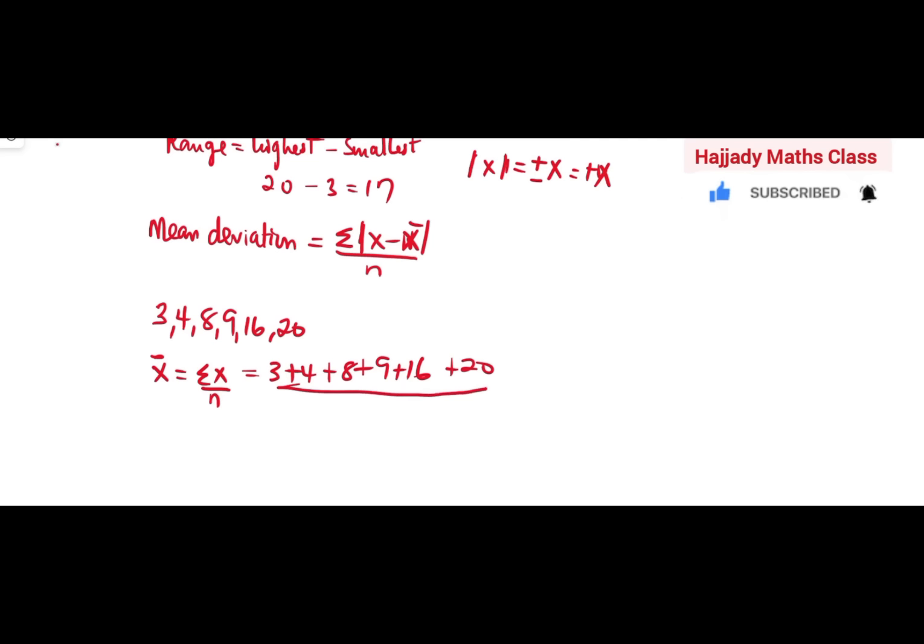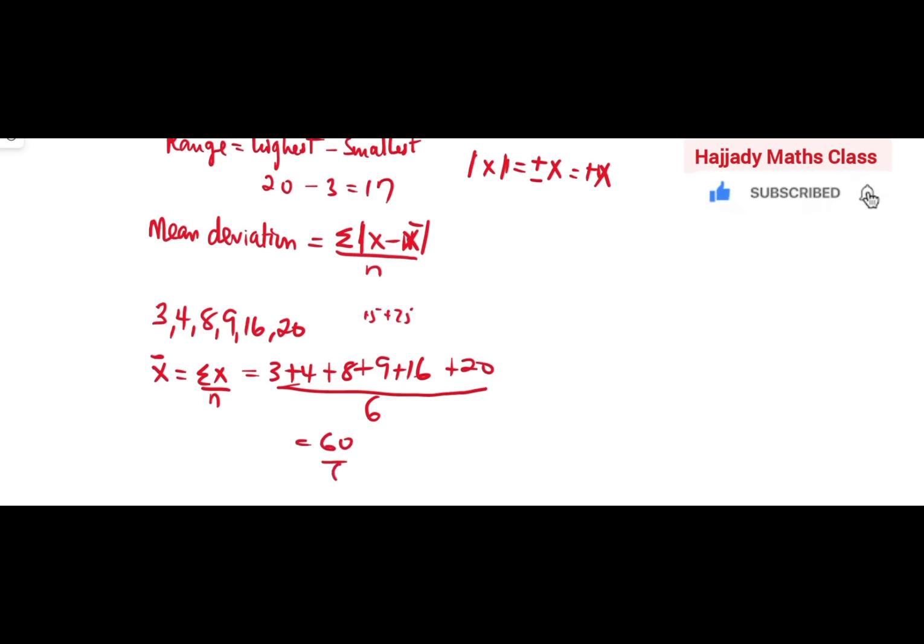We have 6 altogether. Calculating the mean, x bar equals 3 plus 4, 7, plus 8 and 9, we have 24, plus 36, which is 60 over 6.